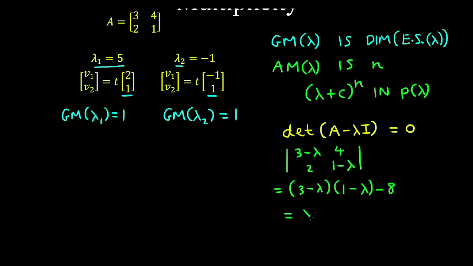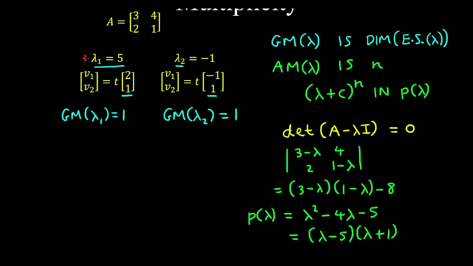So therefore we have lambda squared minus 3 lambda minus lambda is minus 4 lambda plus 3 minus 8 is minus 5. And this is our characteristic polynomial, which we factorize as lambda minus 5 by lambda plus 1.